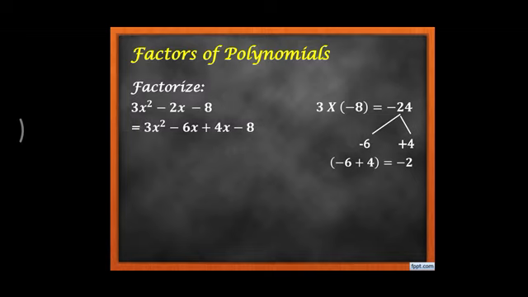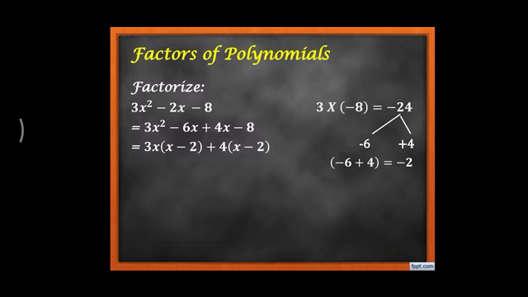Therefore 3x square minus 6x plus 4x minus 8. We have split minus 2x into minus 6x plus 4x. Now in the first two terms 3x square minus 6x, if we take 3x as common, then in the bracket we have x minus 2.